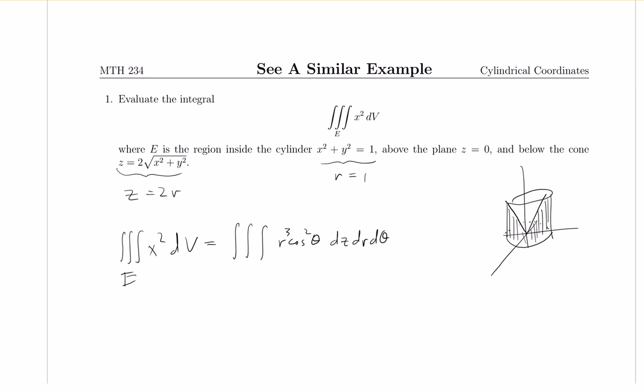If we try to do it in the order that I wrote, z comes first. So the first integral, the bounds need to represent the top and the bottom. The bottom is just z equals 0, and the top is the cone, so that's z equals 2r.